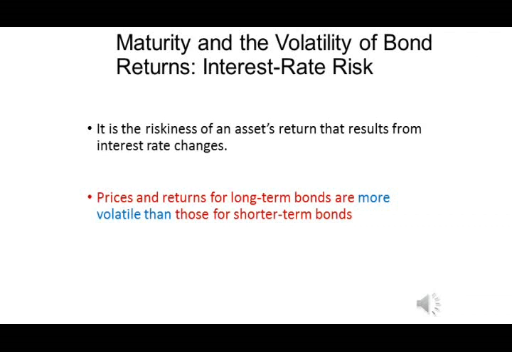Why is that? Because long-term bonds respond more dramatically to changes in the interest rate. That's why we can say that changes in the interest rate makes investments in the long-term bonds quite risky compared to short-term bonds.